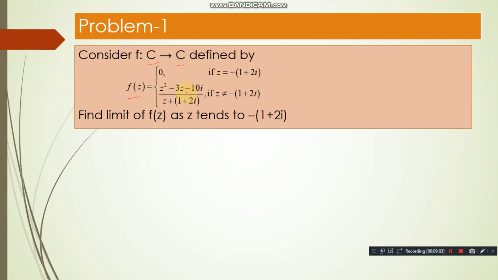Here I am taking a broken function, formally called a piecewise defined function. When z is equal to minus 1 plus 2i, the value is 0, and otherwise it has this expression. Now we are going to find the limit of f of z as z tends to the point minus 1 plus 2i.